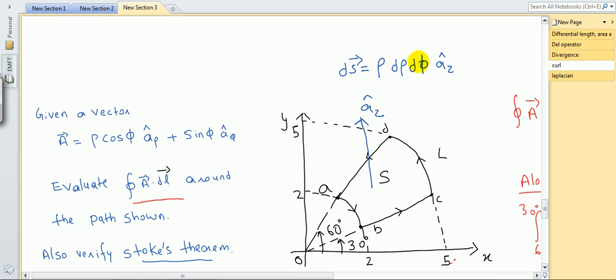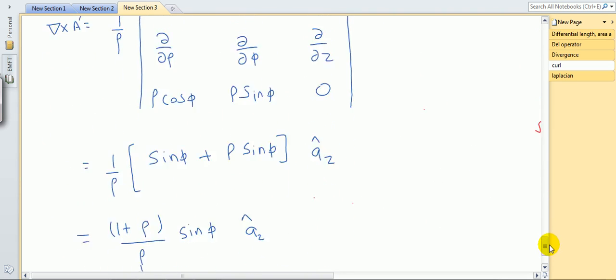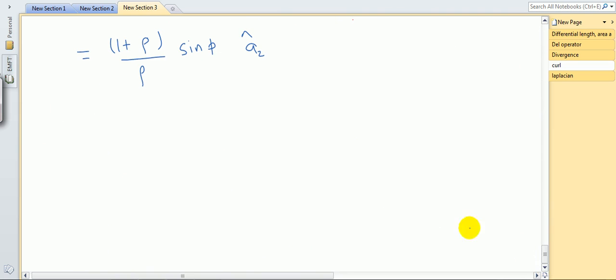This I will be using for finding the del cross A surface integral. That is, now I have to find del cross A dot ds vector.